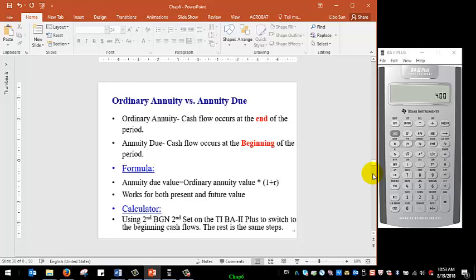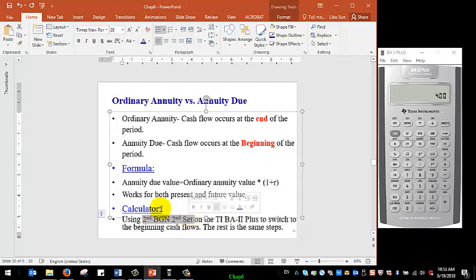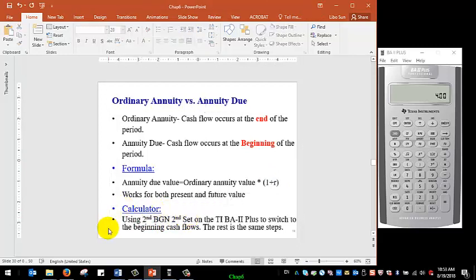So this is the cash flow paid at the beginning of the period. We call this type of annuity an annuity due. So in the formula, all you need to do is adjust by 1 plus the interest rate. For the calculator, we have to use second BGN, second set to change into annuity due calculation. The rest is the same steps.